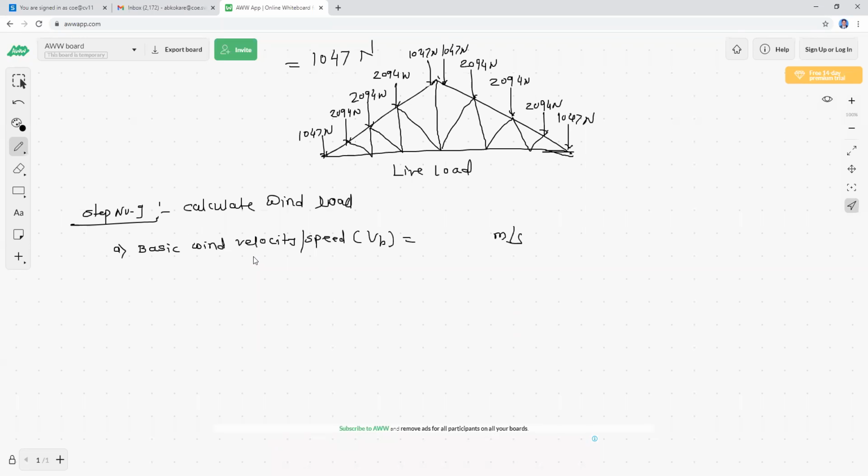Please open your WhatsApp. I have sent images, one image from the IS 875 part 3. They have given basic wind speed for each city.